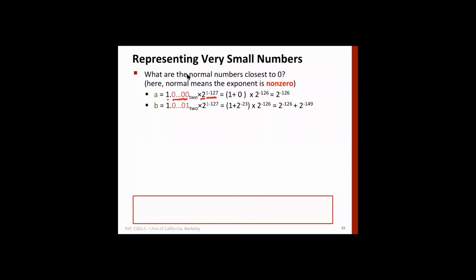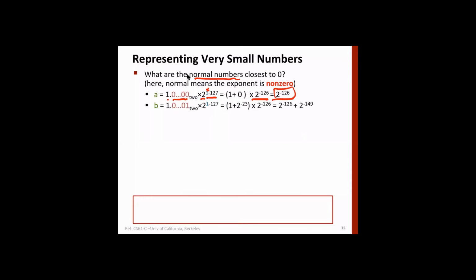Note that the exponent cannot be 0, because if it is 0, it is treated differently. It has to be 1, and then you subtract the bias. So this is the smallest number that we can represent using the normal number method, which is 1.0 times 2 raised to the power minus 126.